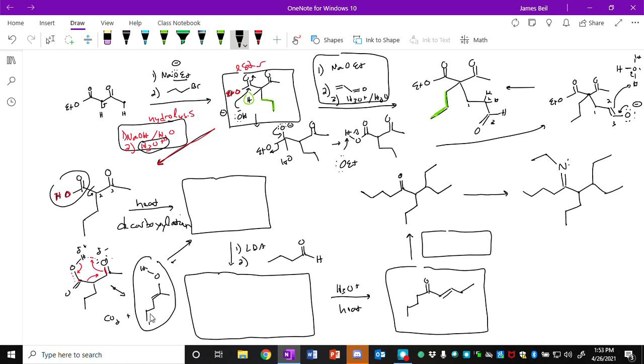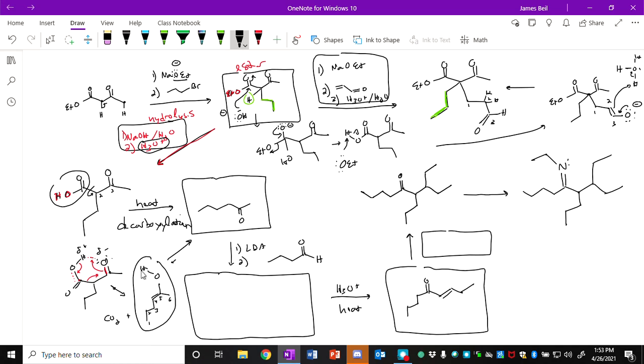So we got 1, 2, 3, 4, 5, 6 carbons there. And we're going to have a CO double bond, one away from the end, once this pi bond tautomerizes. The pi bond is going to pick up an H plus from some trace amount of acid potentially.